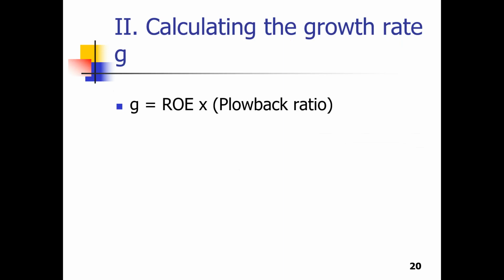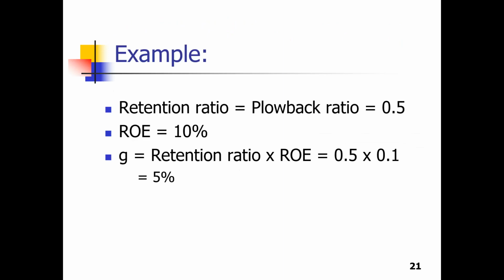So we are assuming this return will stay the same. And this is accounting return. This is not real-world market value. This is accounting, so it's a little bit more approximate, but it gives us a growth rate.